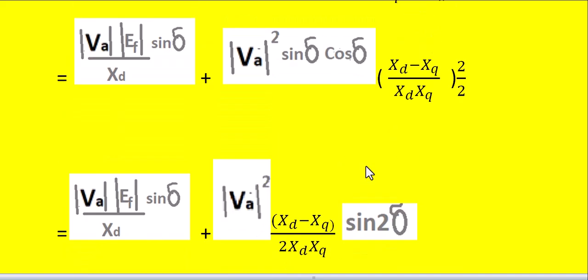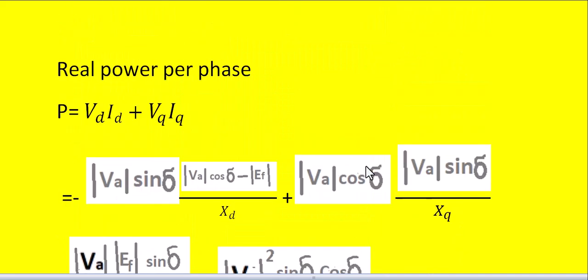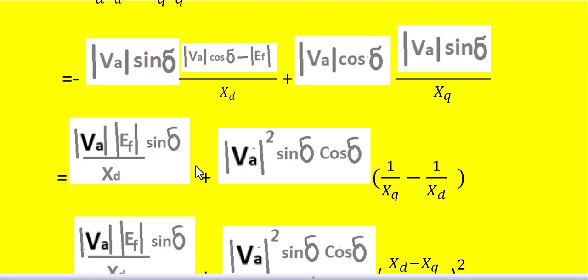So next to this is the per phase real power produced or developed. To get for 3 phases, multiply these terms with 3.